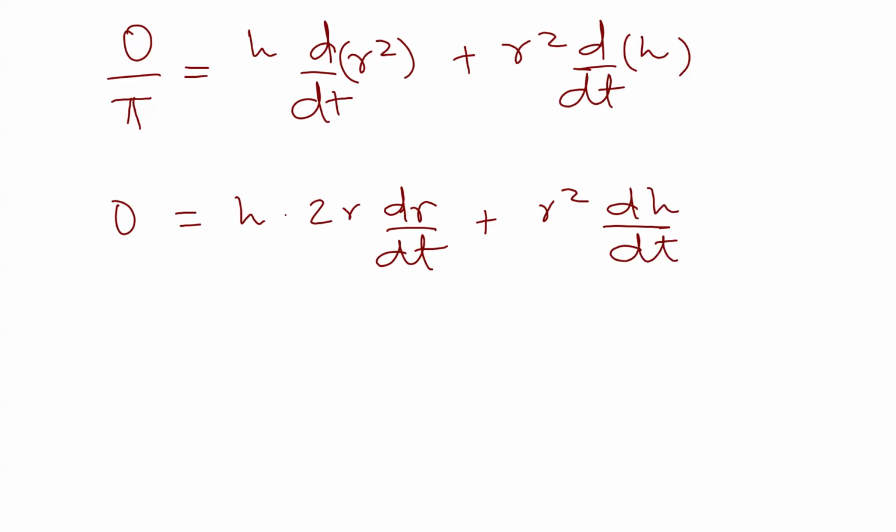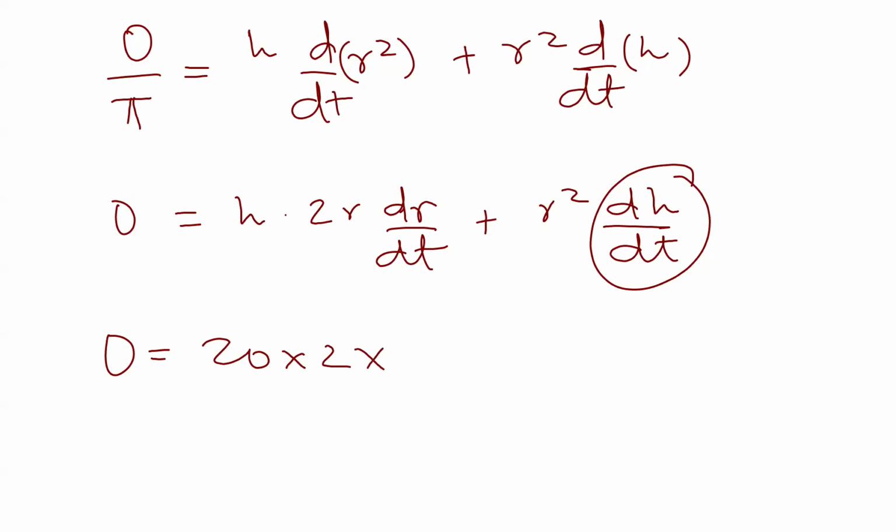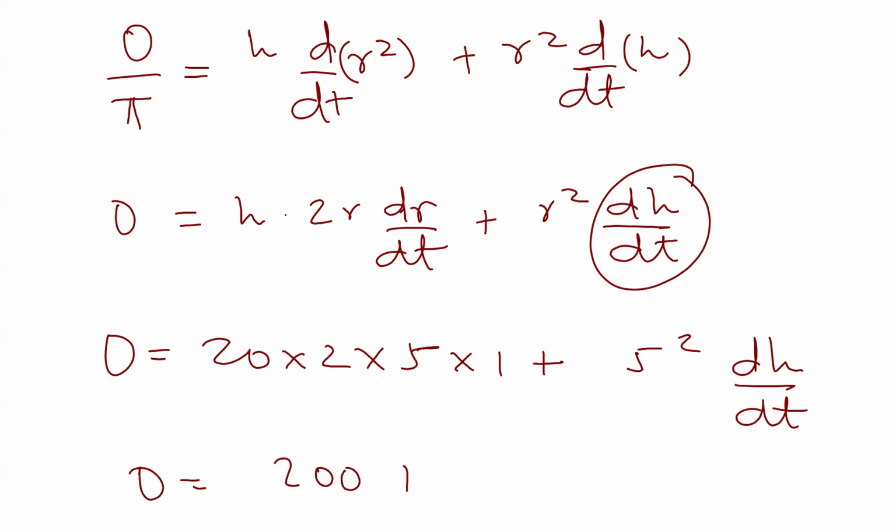Now all these values we have except dh by dt. So h is 20 into 2 into r is 5, dr by dt is 1, r again is 5 into dh by dt. So 0 is equal to 200 plus 25 dh by dt.